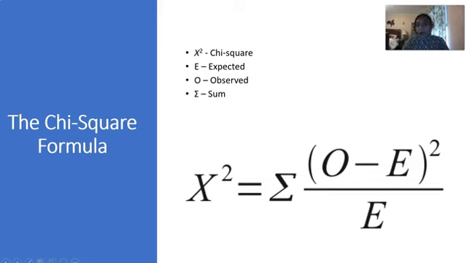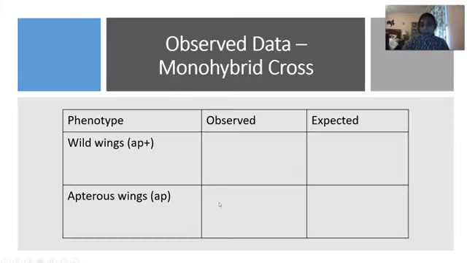Then we add up all of those calculations, and that number that we get is the chi-square value. Once we have that number, there is a chart that we examine to look at where it falls and whether it is in the significant category or not, so whether it will follow Mendelian genetics or not.